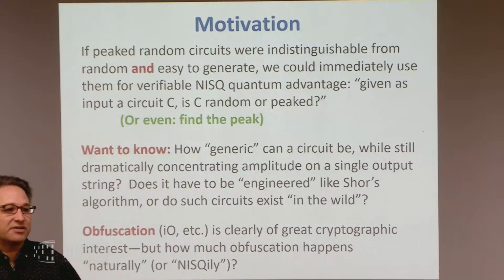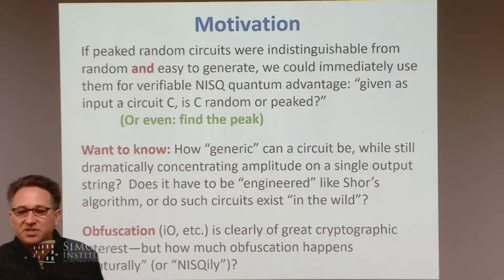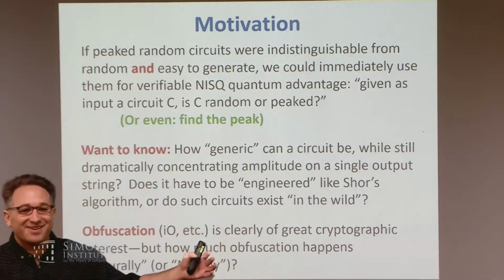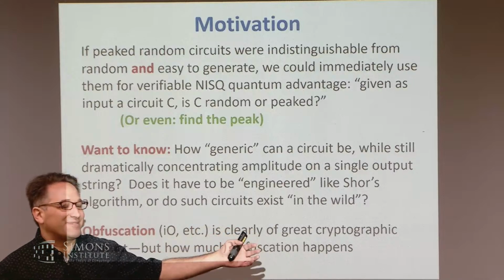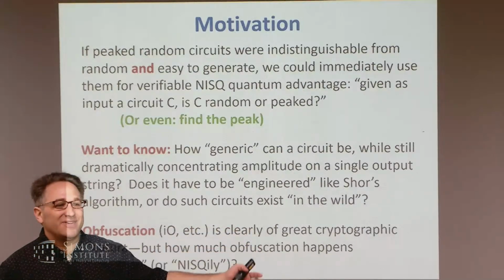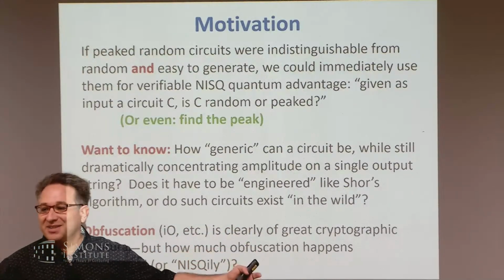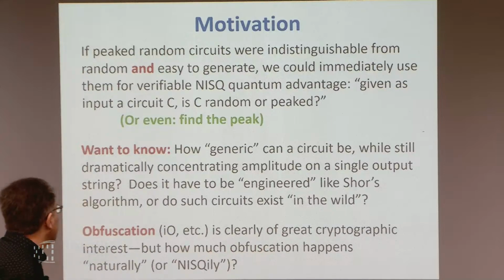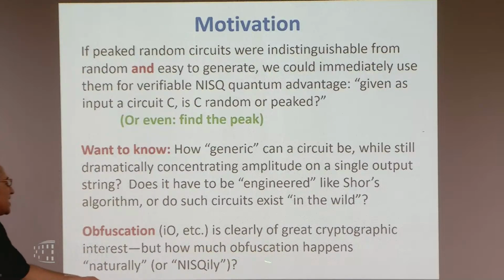This is clearly of enormous interest, but the known methods that we have for obfuscating circuits produce highly non-generic circuits. They use a lot of cryptography, and they're going to give you things that we have no hope of implementing in the NISQ era. So in some sense, we are asking how much obfuscation can happen naturally, or NISQally, if you like, without using all this fancy cryptography to put it in.